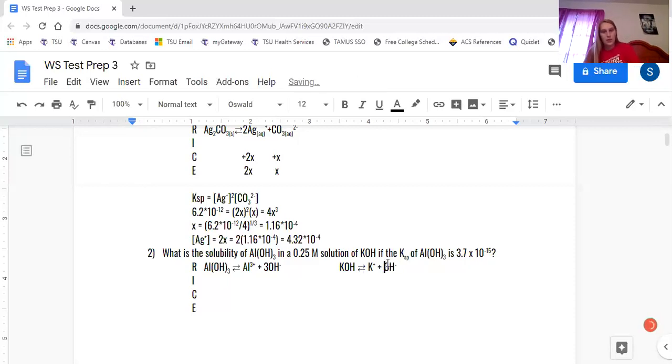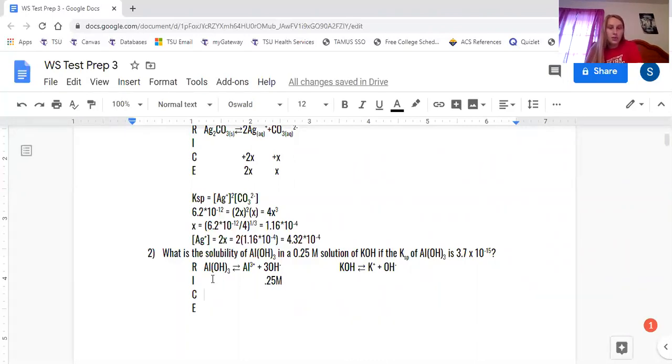Okay, and because we have 0.25 molars here of this, whenever it separates out, it's a 1 mole to 1 mole ratio. So it's still going to be 0.25 molars of the OH minus. So we have 0.25 molars of OH minus to begin with. So we're going to have to include that as our initial over here. So we have 0.25 molars.